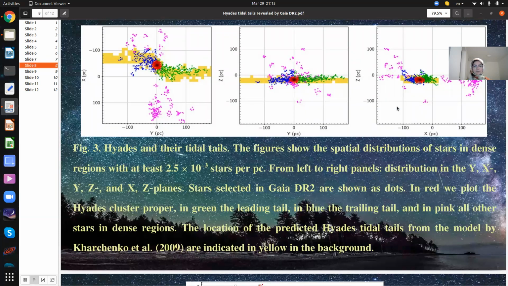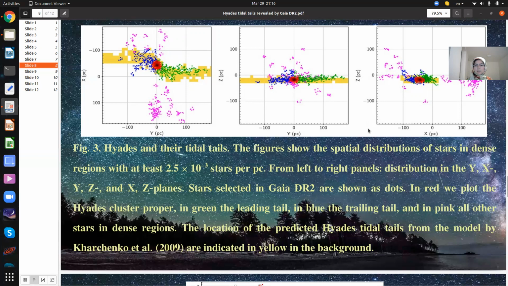Here you see figure 3, the Hyades and the tidal tails. The figure shows the spatial distribution of stars in dense regions with at least 2.5 times 10 to the power minus 3 stars per cubic parsec. From left to right, panels show the distribution in XY, YZ, and XZ planes.